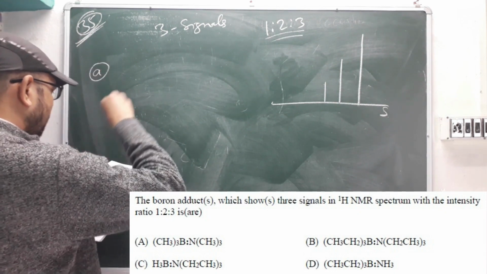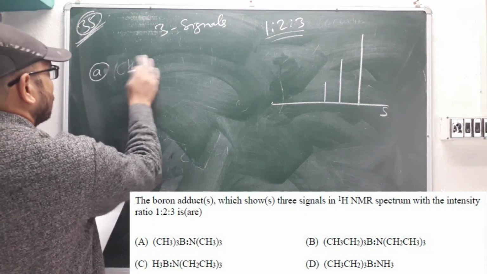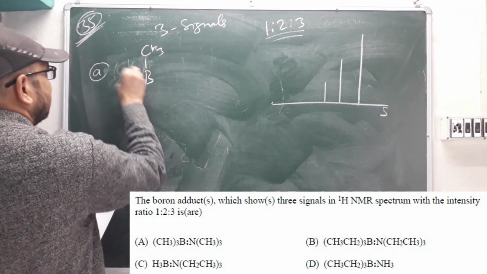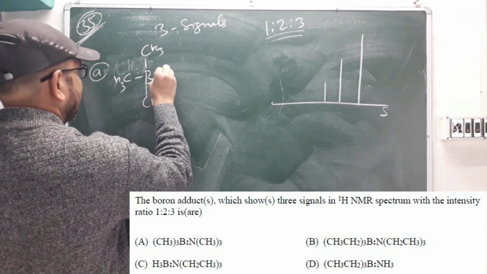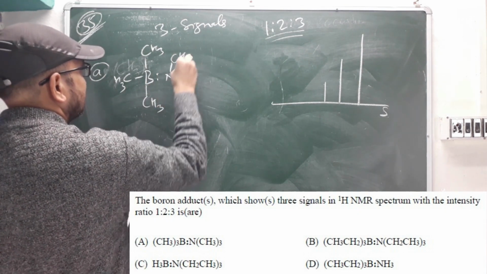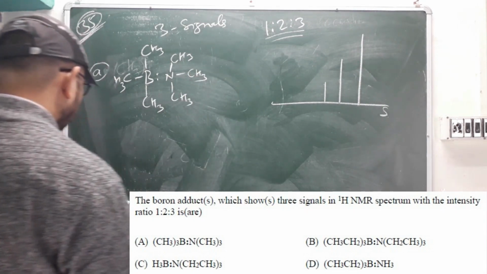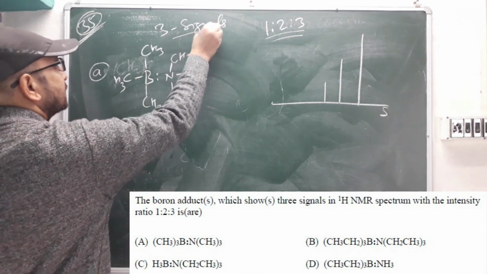Now for this type of question you have to start from option A. Just try to draw it: boron, and then CH3, CH3, CH3, and then here we have nitrogen, here also CH3, CH3, CH3. In this type of structure it won't be 3 signals, it will be only 2 signals.